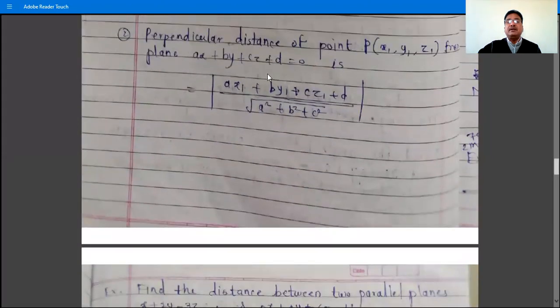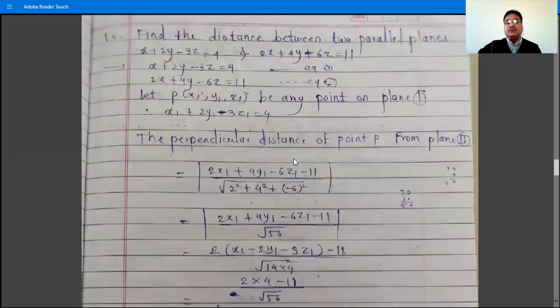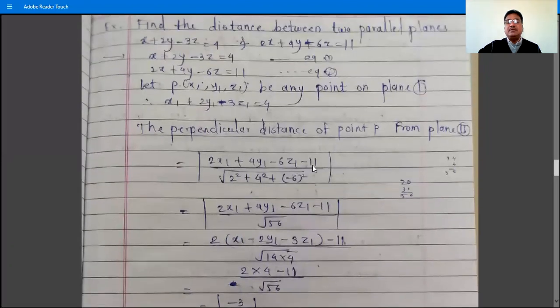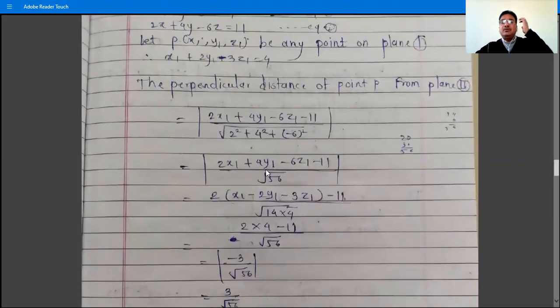By using note number 2, we have the modulus of 2x1 plus 4y1 minus 6z1 minus 11, since the coordinates of P are x1, y1, z1, divided by the root of the coefficient of x, which is 2, squared, plus the coefficient of y, which is 4, squared, plus the coefficient of z, which is minus 6, squared. So we have 2x1 plus 4y1 minus 6z1 minus 11 divided by root 56.